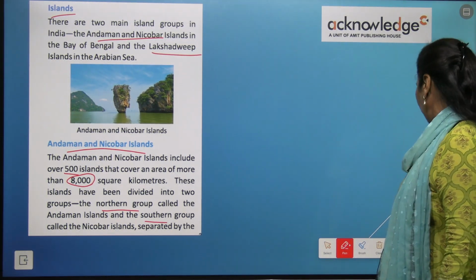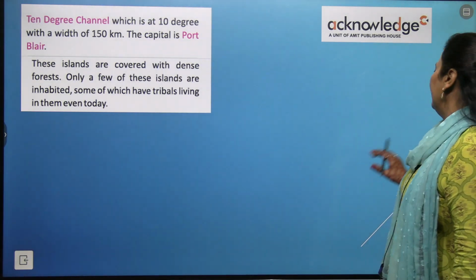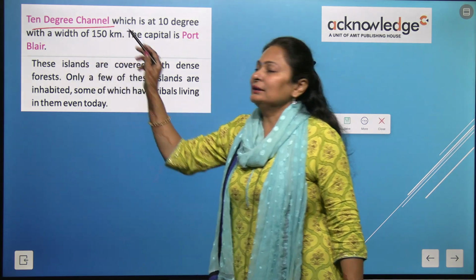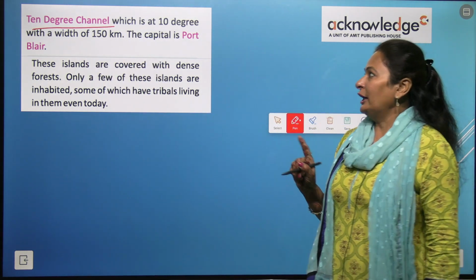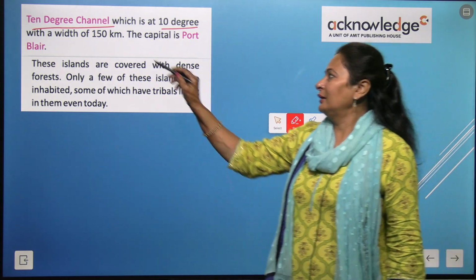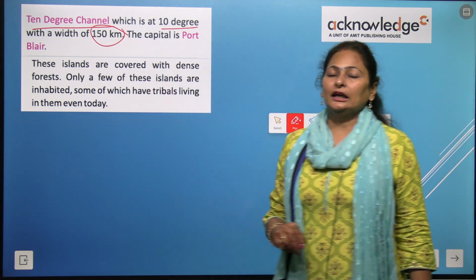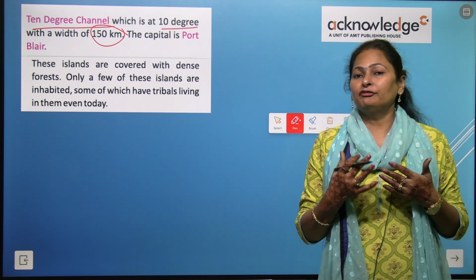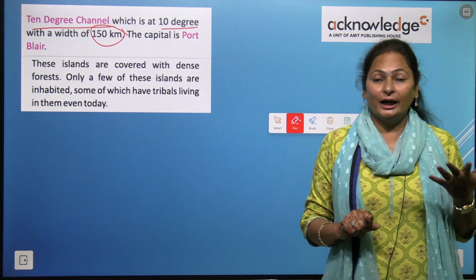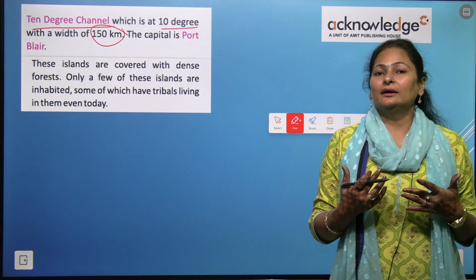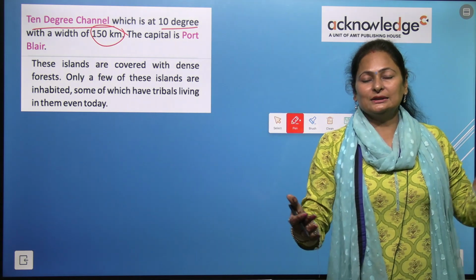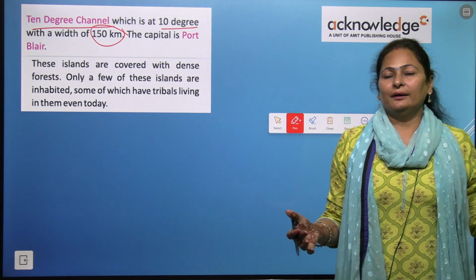and they are separated by the 10-degree channel. The name of the channel is 10-degree channel, which is at 10 degrees and the width is 150 kilometers. This 10-degree channel is 150 kilometers wide and it separates the Andaman Islands from the Nicobar Islands.